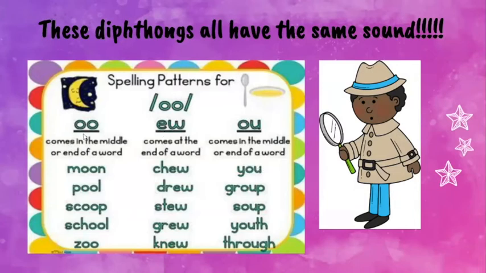Okay, so if you look at all of these, when you see the 2 vowels together, OO and OU, know that they generally come in the middle of the word. But when you see a word with a W, most of the time, this is going to come at the end of a word. So oo like moon, oo like chew, and oo like you. You can pause the video and practice these 3 times.